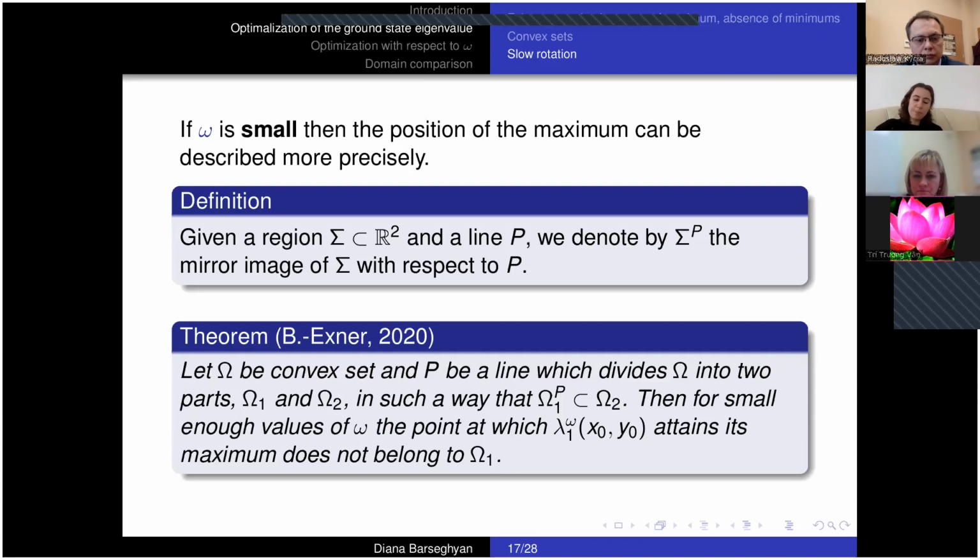So roughly speaking, omega is divided into two parts. One is smaller, one is larger. So the mirror image of the smaller is included in the larger. Then for small enough values of omega, you can say that the point of maximum of this mapping, lambda 1 omega, is attained in the larger part of omega. So the point of maximum where lambda 1 omega attains its maximum does not belong to omega 1. So it belongs to the larger part of omega.